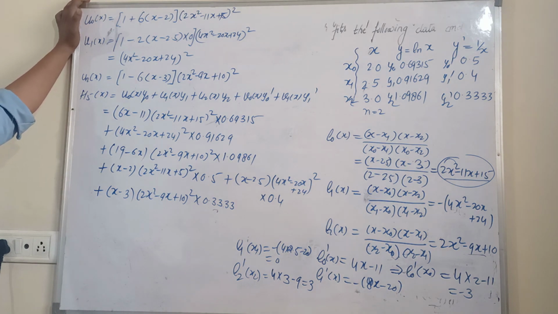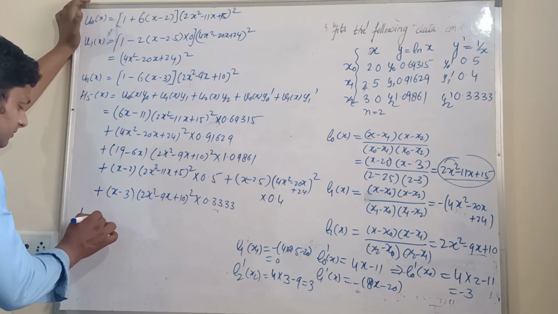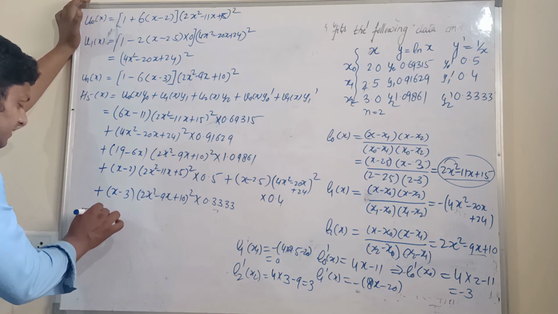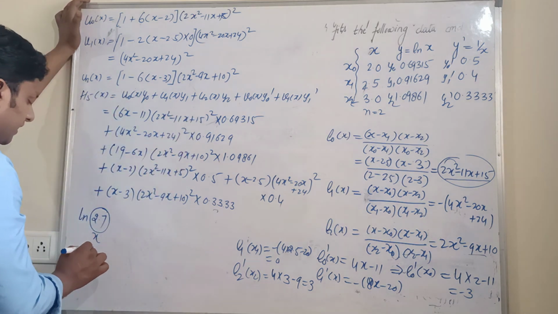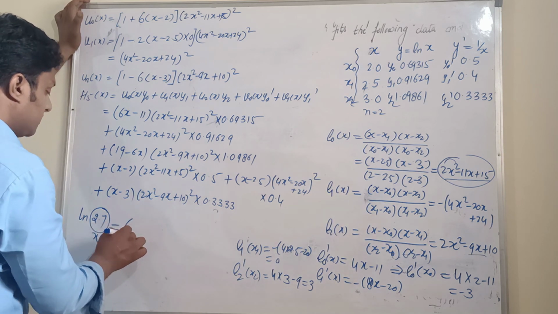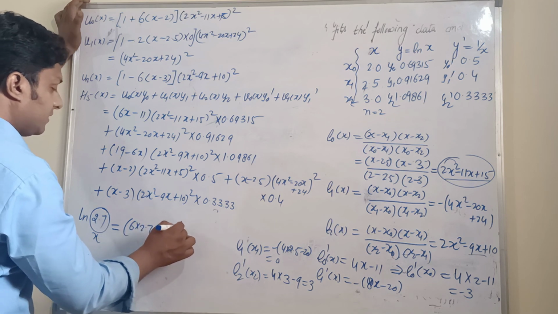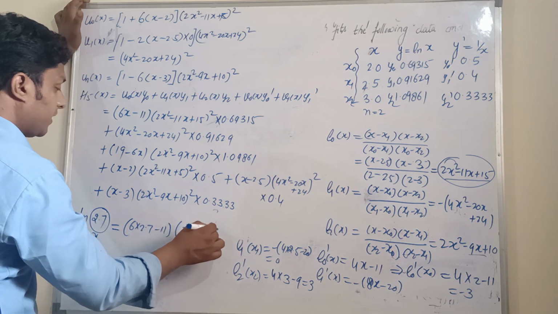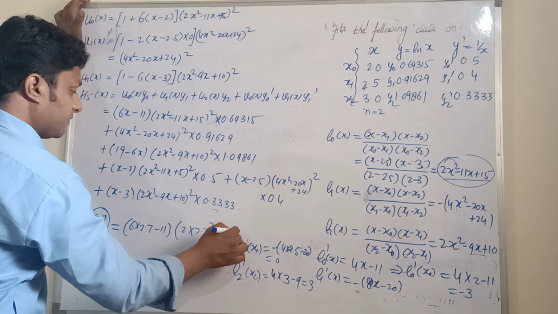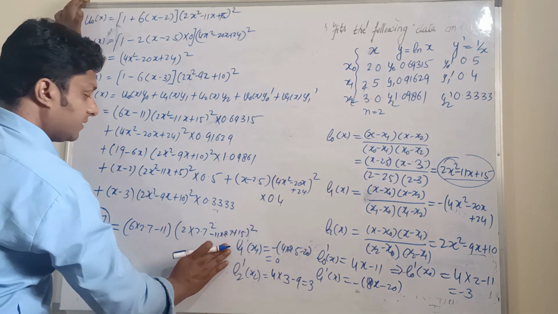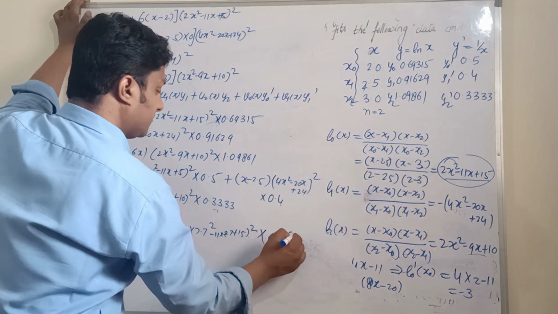Now, if you want to compute the value of ln 2.7, what does it mean? It means there is a given value of x. Just compute the value of x in this formula, then you will find the value. It's like (6 × 2.7 − 11) and (2 × 2.7² − 11 × 2.7 + 15) squared, and then multiplied by 0.69315.